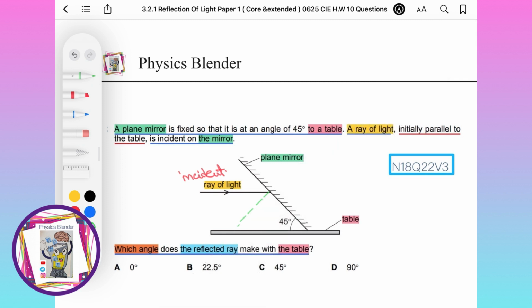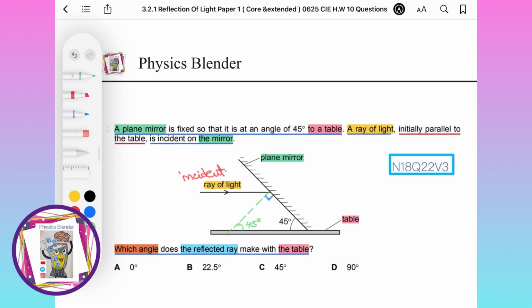So you can know that this angle, the angle of incidence, is the angle between the incident ray and the normal. Since you have this angle is 90 degrees perpendicular to the mirror, if you extend the normal you will find this angle is also 45.